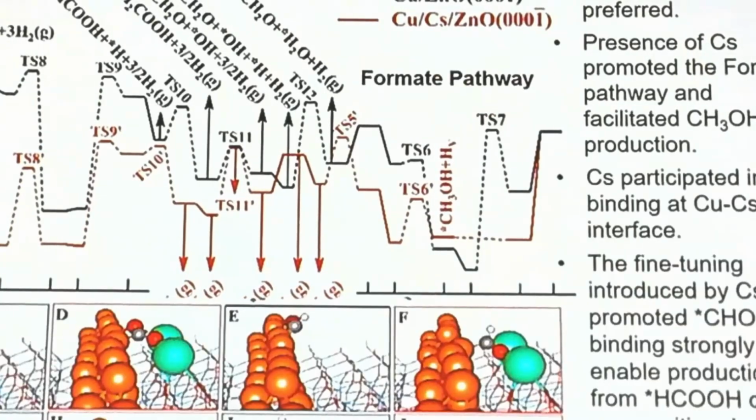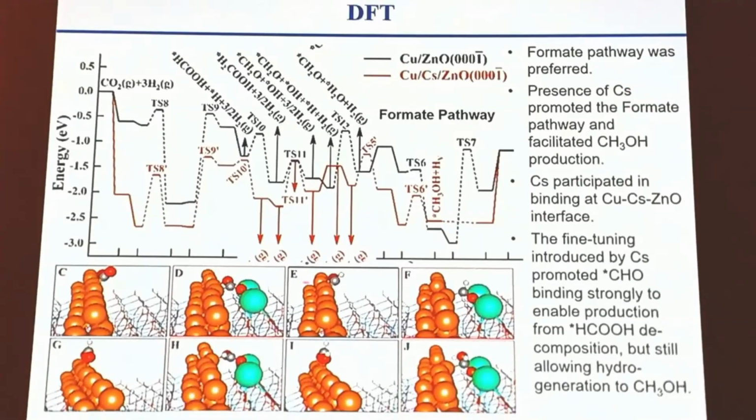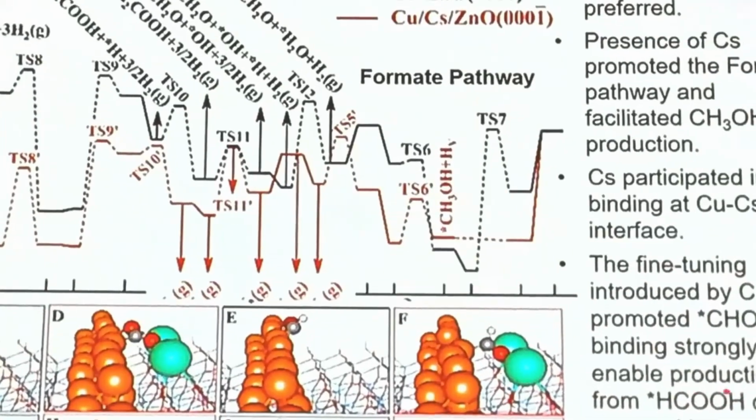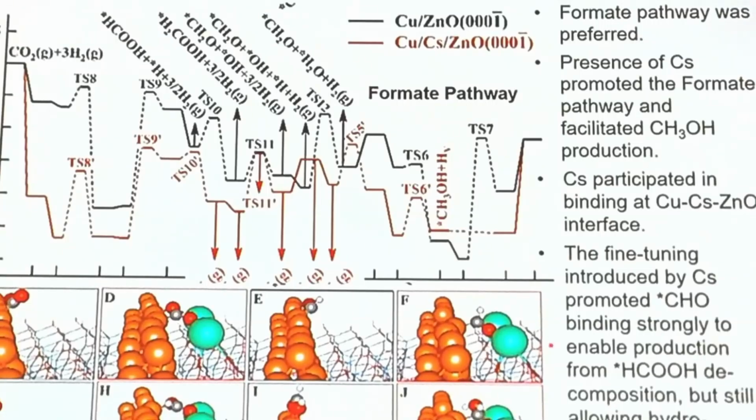Another thing is that if you look at the structures with the presence of cesium, the cesium, copper, and zinc oxide triphase interface is the active site, where it can provide different binding than the copper zinc oxide. Specifically, it stabilizes the formyl group, which is strong enough to allow the decomposition of formate to formyl, but weak enough to allow the further hydrogenation.